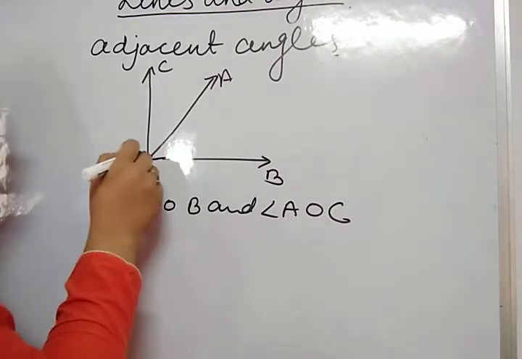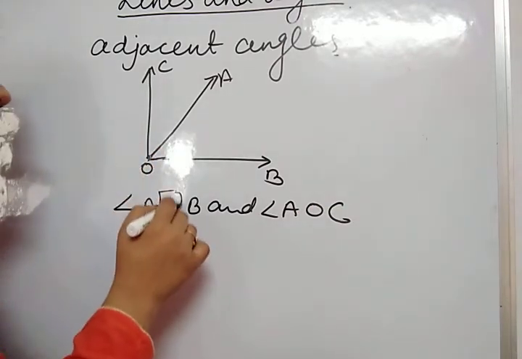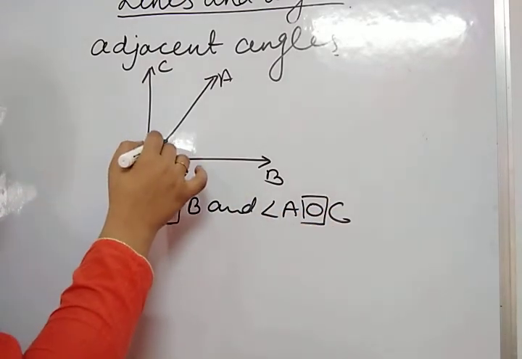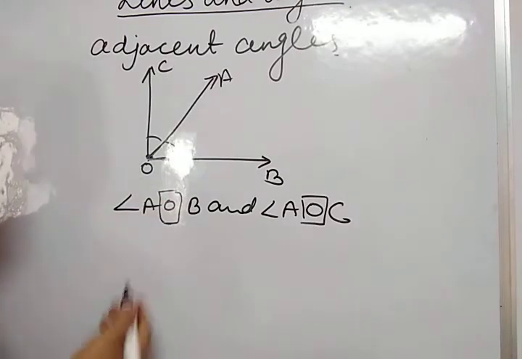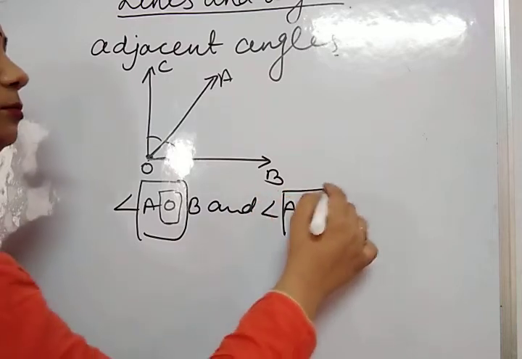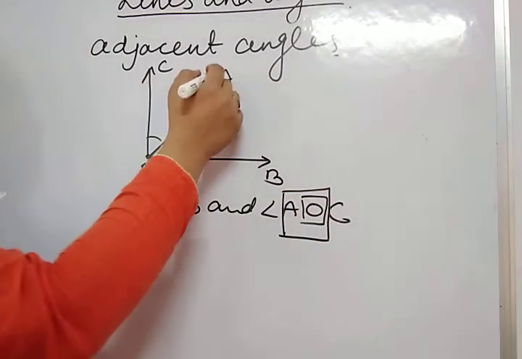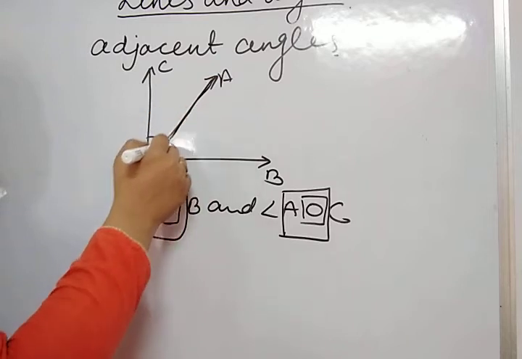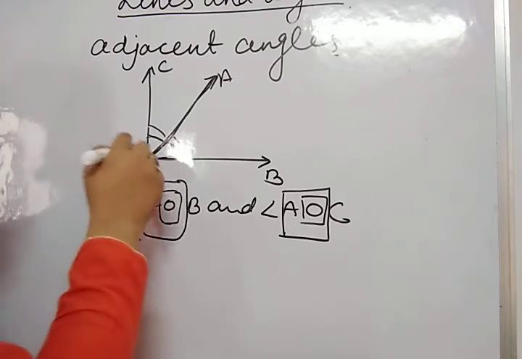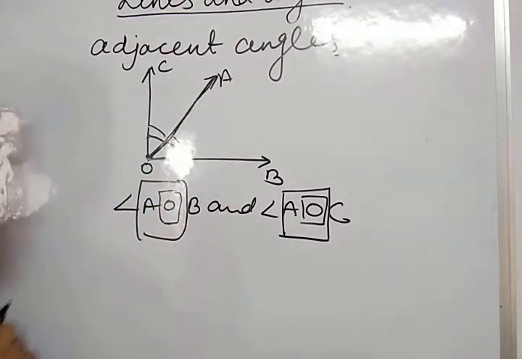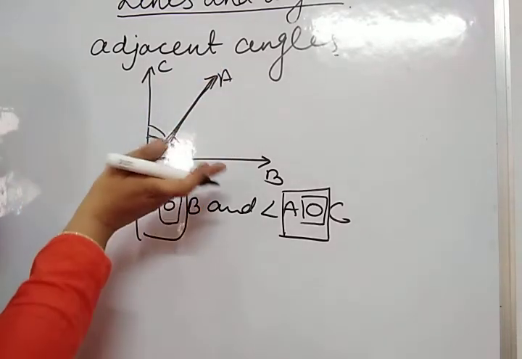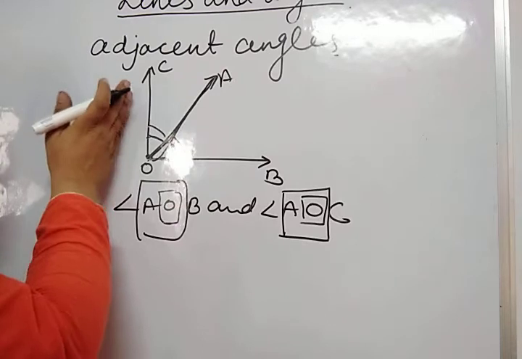These two angles have a common vertex. What is this common vertex? O. O is a common vertex between these two angles, and it has a common arm AO. You can see here AO is a common arm between these two angles, and O is a common vertex between these two angles. So what is the common arm between these two angles? OA, and the uncommon arms are OB and OC.